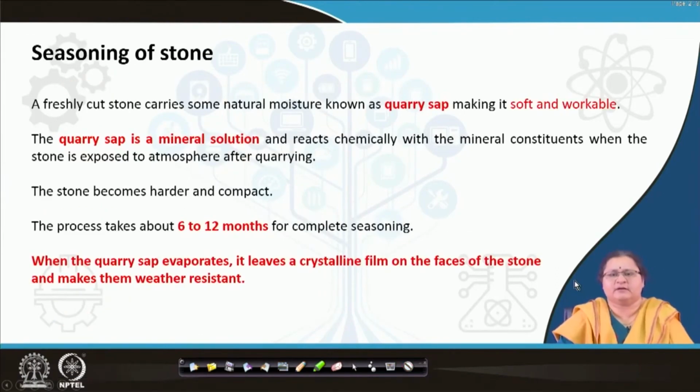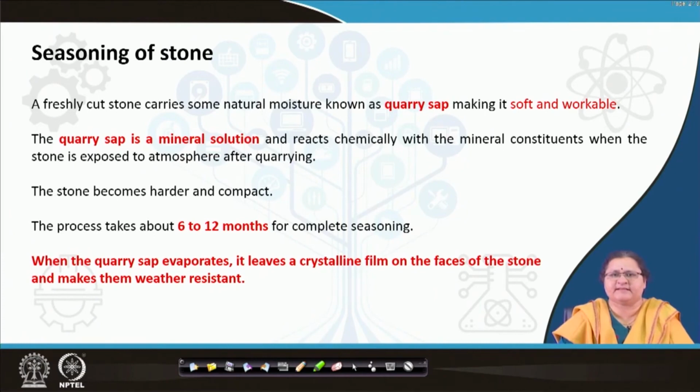So, after getting it out, after quarrying, what to be done? Stone has to be left there for seasoning. Why seasoning? Because when this stone comes out, a sap oozes out from the stone and keeps the stone soft as well as workable. So, the stone is still soft in nature.